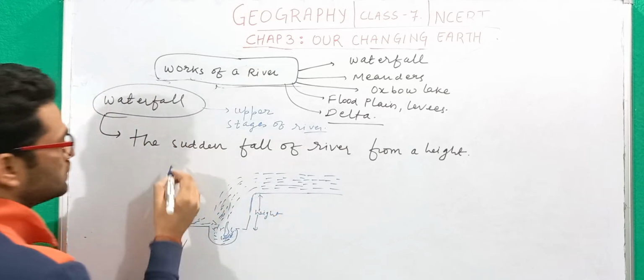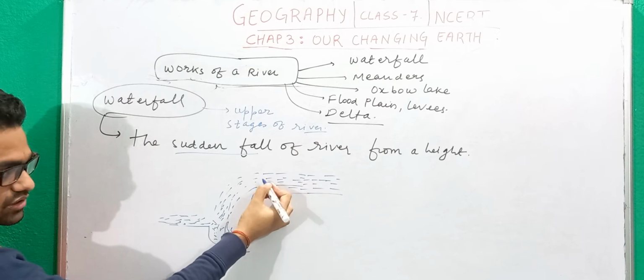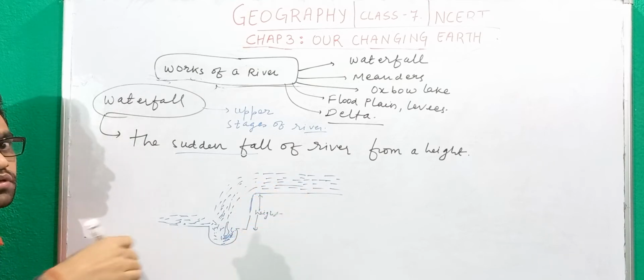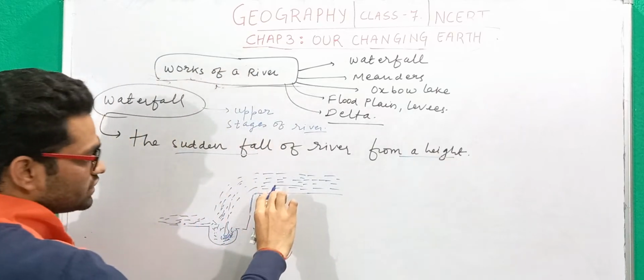What I have written, this is the sudden fall. The river was flowing like this, but suddenly the river has started flowing like this from a height. So this is the height.